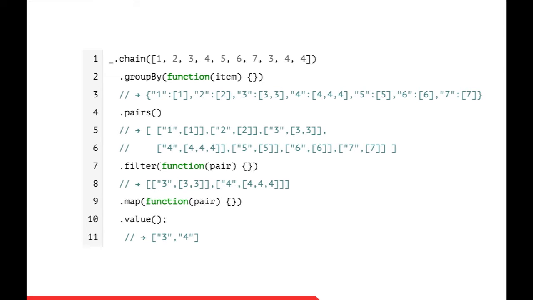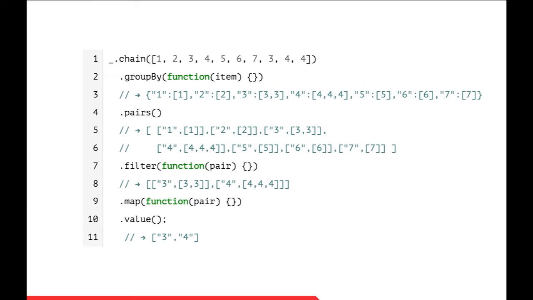So if we have only one 1 in the array, we get a key of 1 and an array with a single value. But we have 2 threes here, so the array will have a length of 2. So we have transformed an array into object. Then we use pairs method to transform it back to an array.